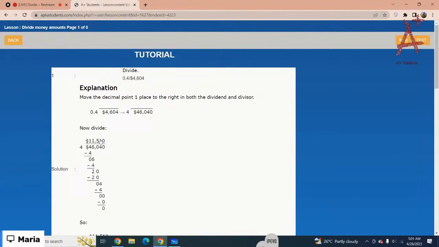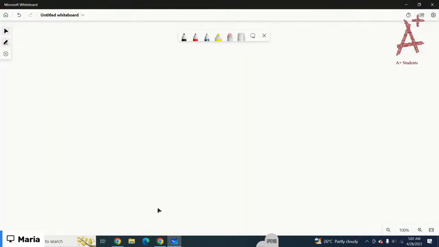Okay, the first one is you have to divide 4,604 divided by 0.4.